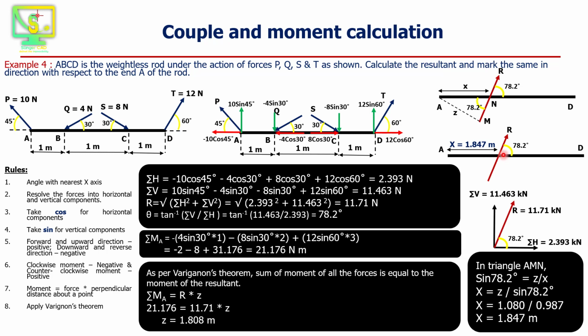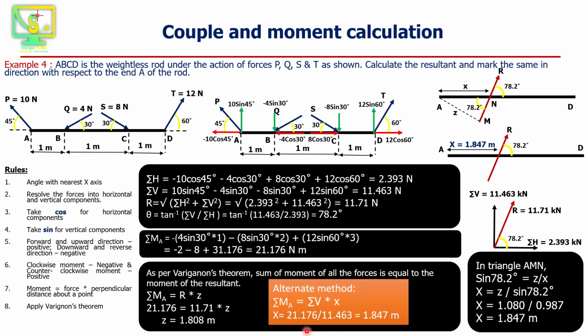An alternate method is, instead of calculating these two steps, we can directly calculate using sigma V here and sigma H here.